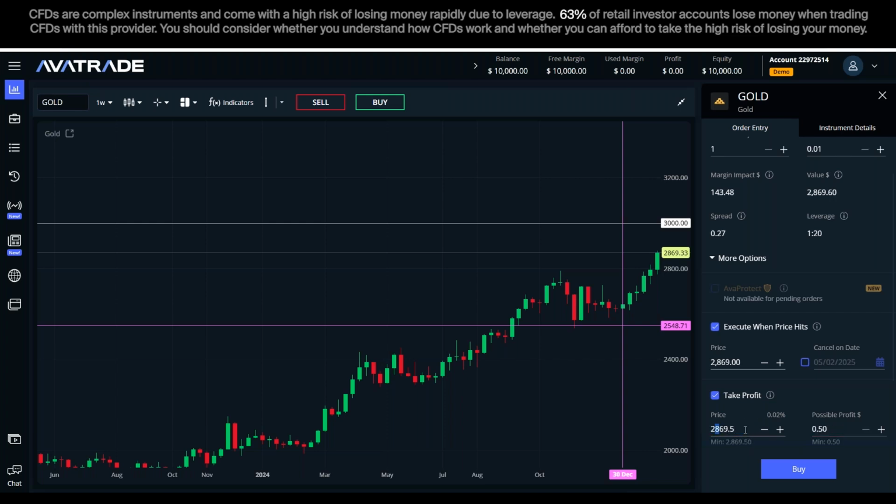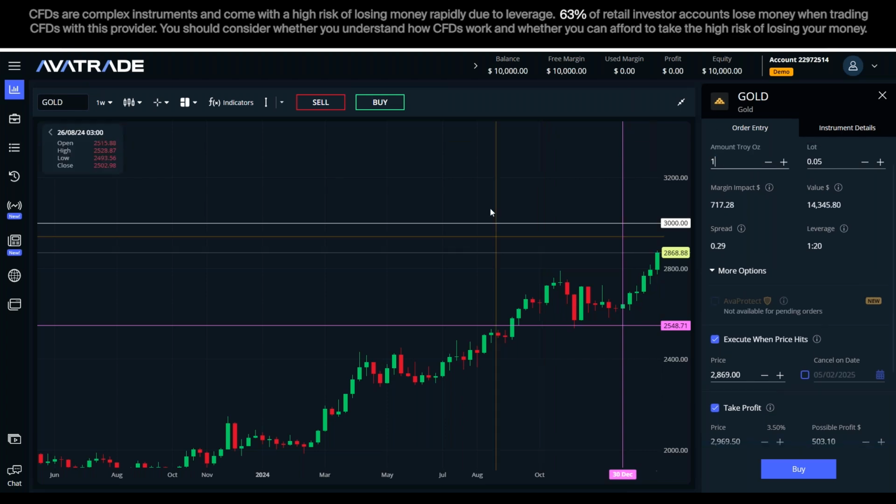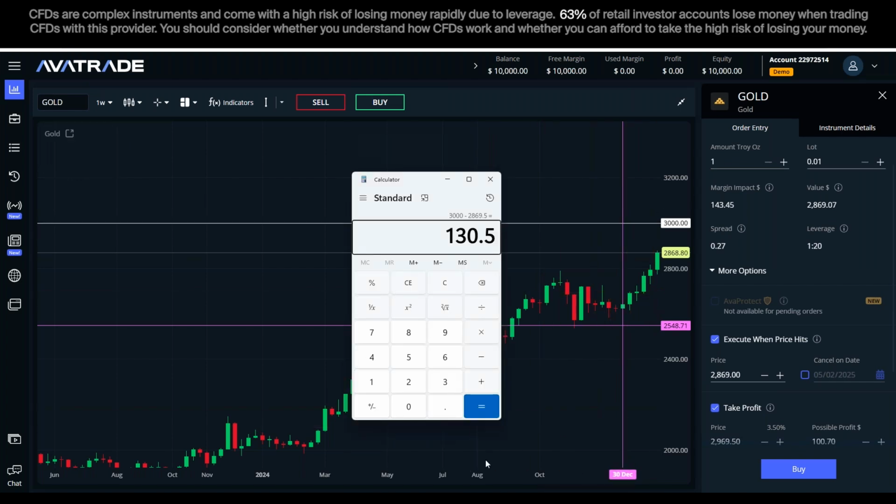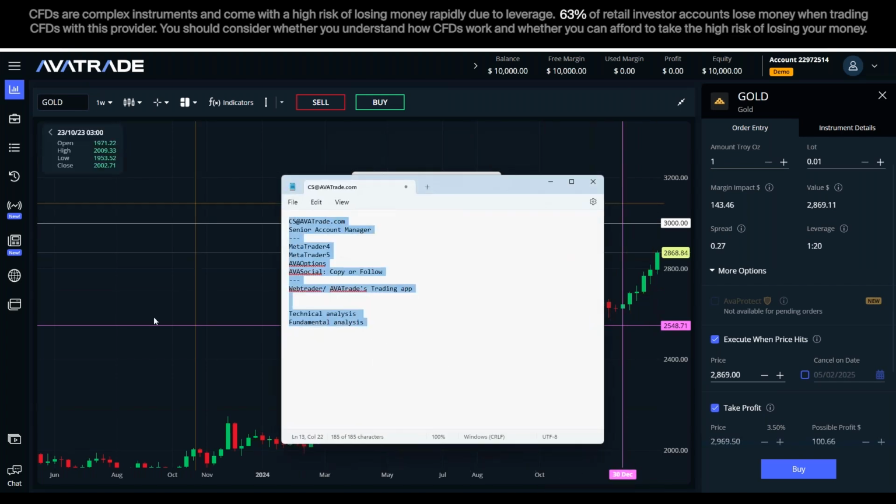We will increase by 100. See, now we can make 100, but if we increase the units, it multiplies by 5. Okay, great. That means for every unit I have, every dollar will give me a dollar profit or loss. That is great to know.